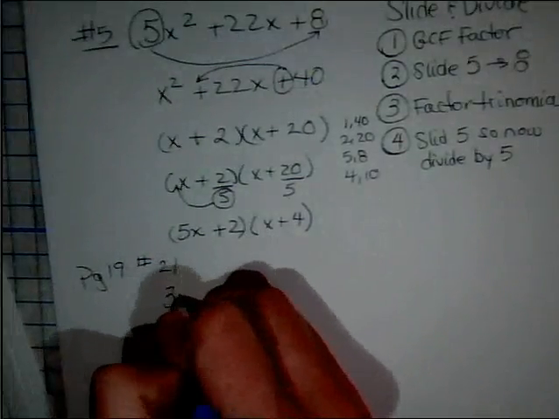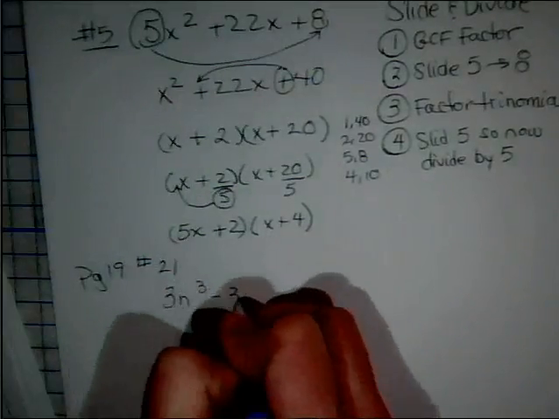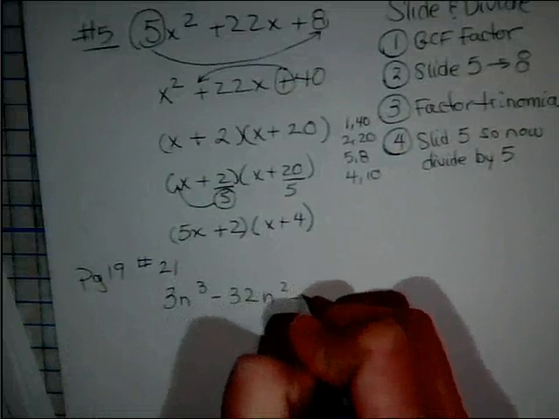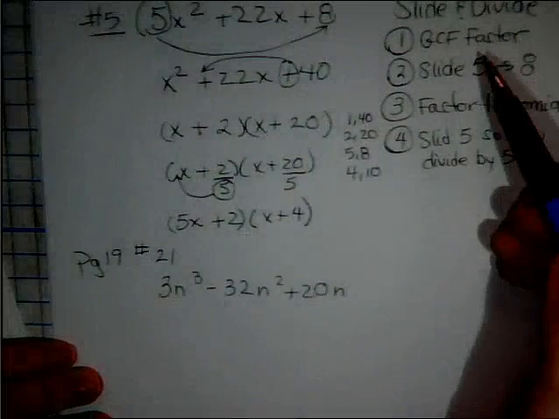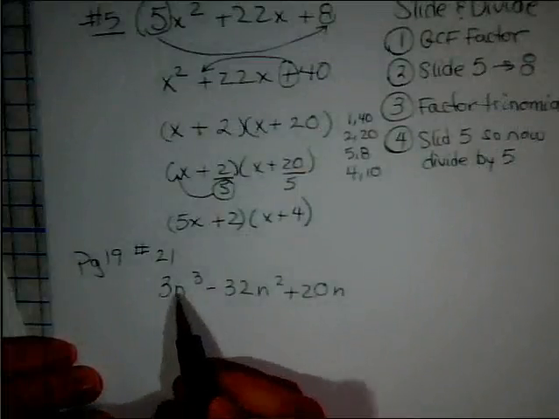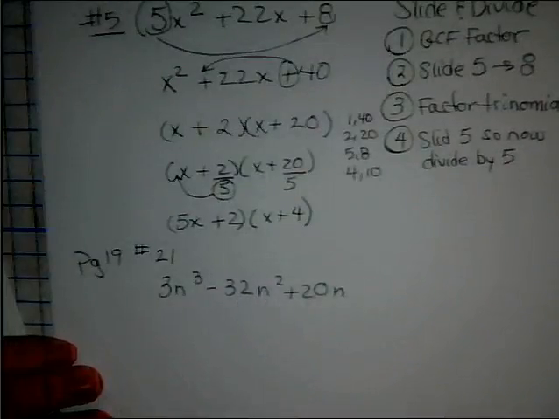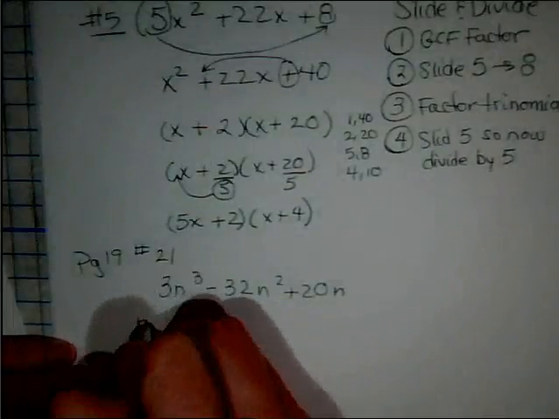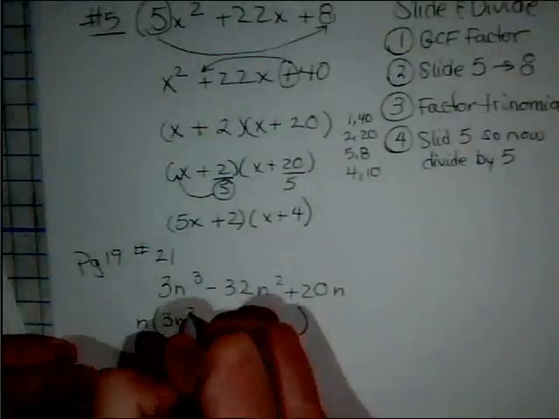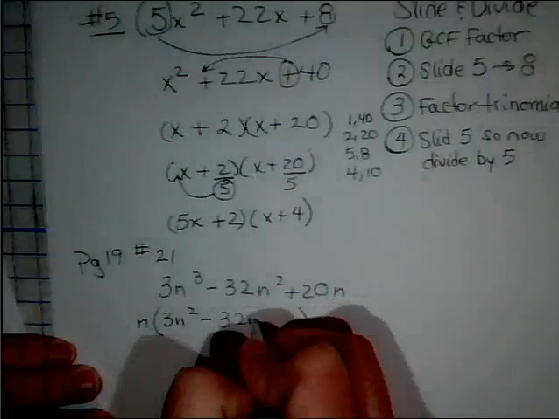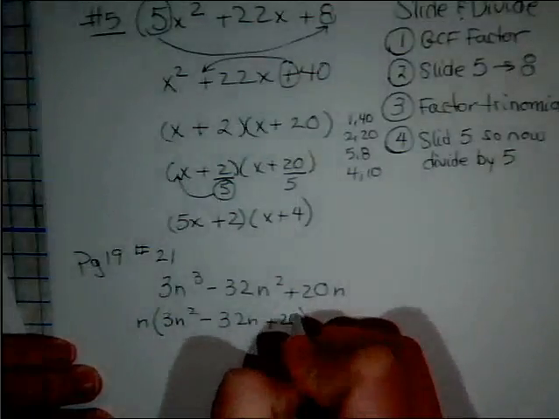Number 21 has 3n cubed minus 32n squared plus 20n. According to our directions, we GCF it first. If you look at all three terms, the only thing we have in common is an n. So we pull that out, and we're left with 3n squared minus 32n plus 20.